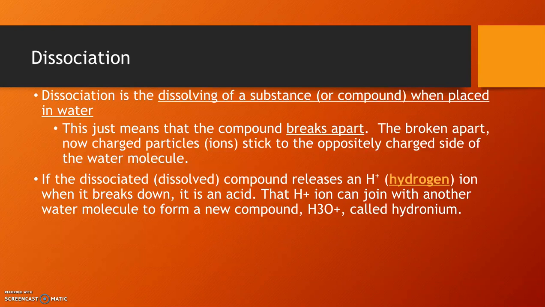All right, so if the dissociated dissolved compound releases an H+, which means it's a hydrogen atom that has a positive charge, when it breaks down, it is an acid. And that H+ ion can join with another water molecule to form a new compound, H3O+, and that's called hydronium. You recently read about this in your textbook. An example of this is hydrochloric acid, whose chemical formula is HCl.